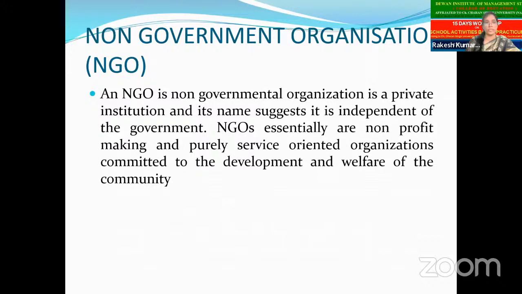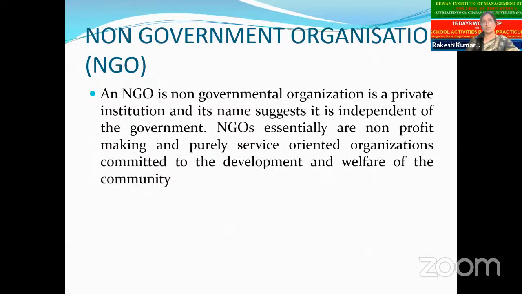Normally, they will be taking up challenges that government is not undertaking. They will be providing services to the needy. For example, you may have heard of NGOs meeting the needs of people suffering poor health, undernourishment, or hit by tsunami.